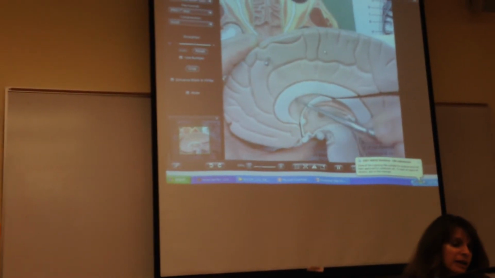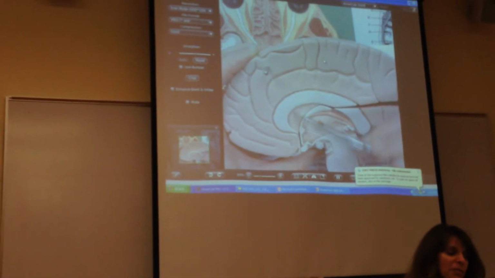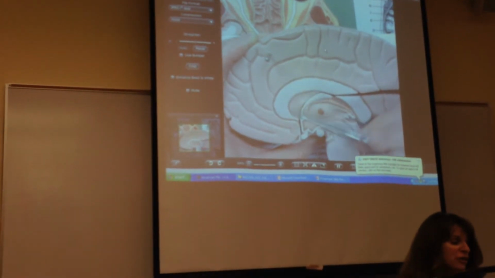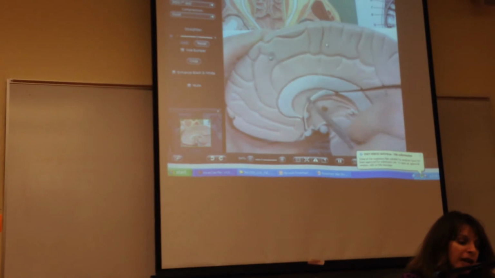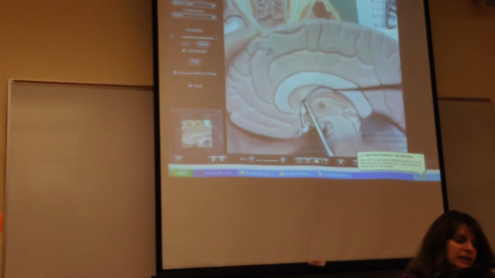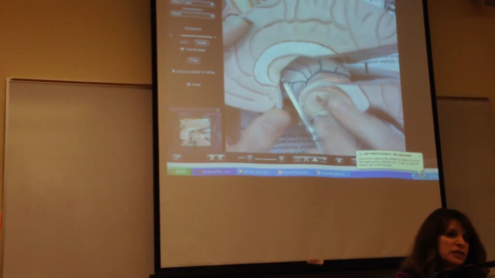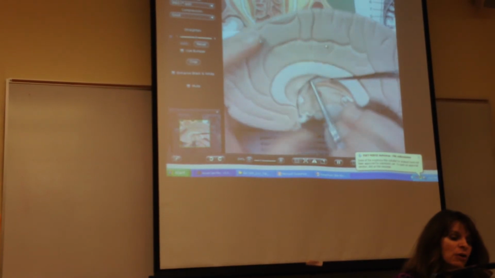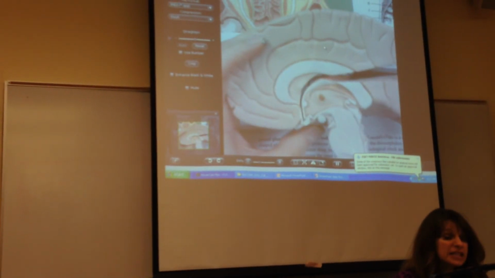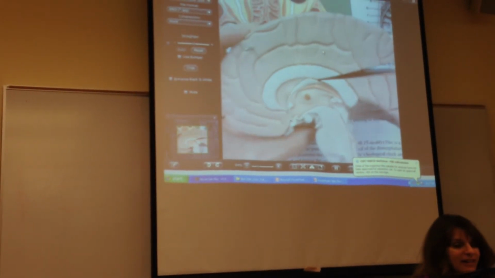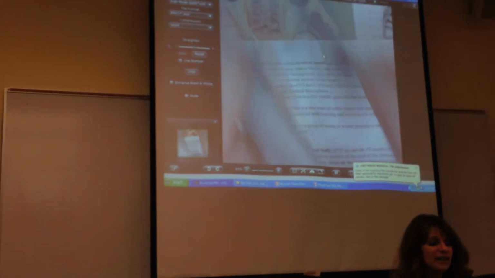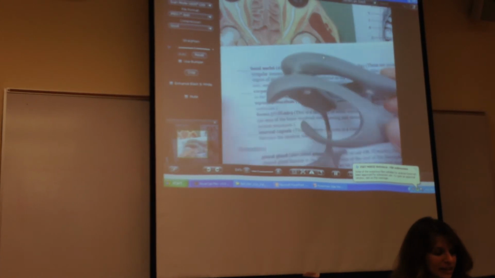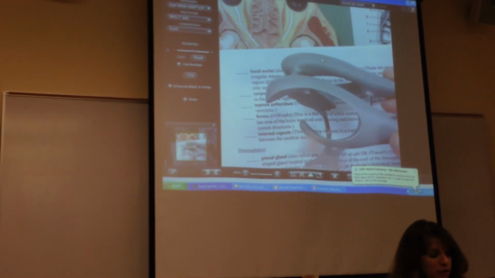Right here is this thin membrane called the septum pellucidum. I could poke through it, and if I poked through it, there's all of this space that goes through it. That space actually looks like this. This we call the lateral ventricle.